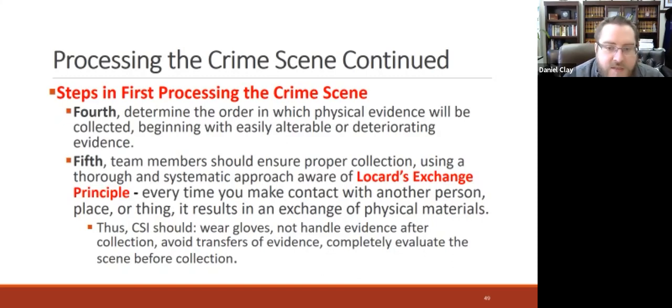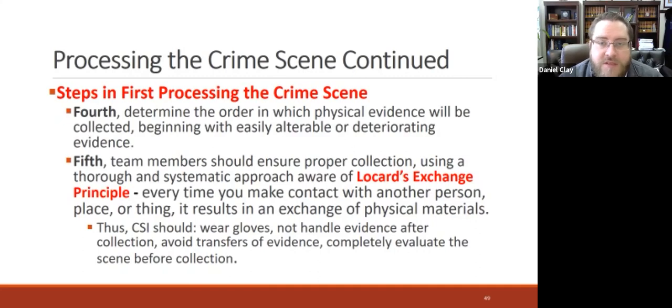Fifth, the team members should ensure collection using a thorough systematic approach, being aware of what's called Locard's exchange principle. Now, this is a very, very important thing to note. Locard's exchange principle states that every time you make contact with another person, place, or thing, it results in an exchange of physical materials.